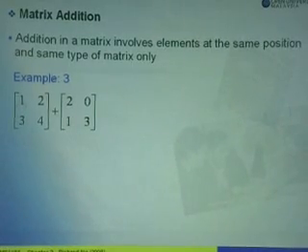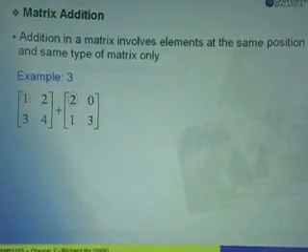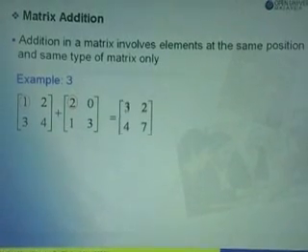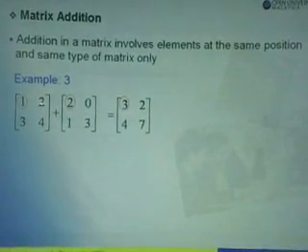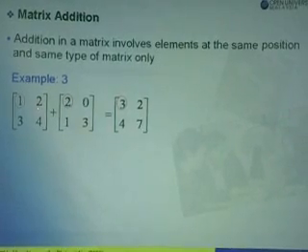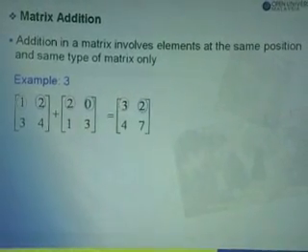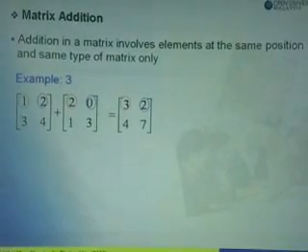So in order to add this matrix, we will take element 1, add to element 1 in the second matrix to give us the answer 3. The second element in matrix 1, add to the second element in matrix 2, right? So therefore we have 2 plus 0 will give us 2.